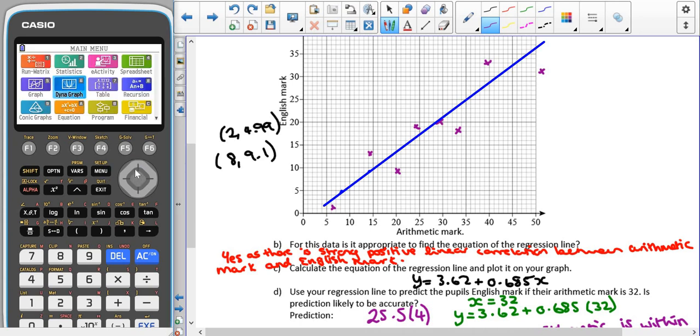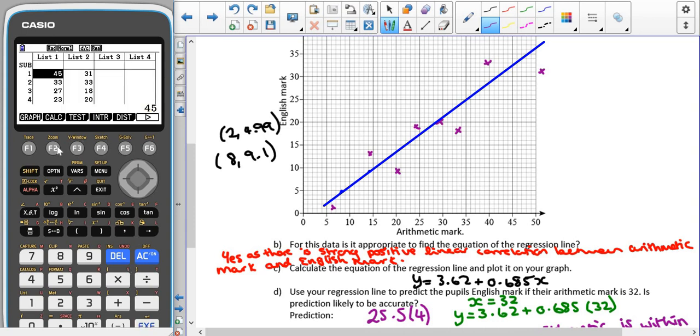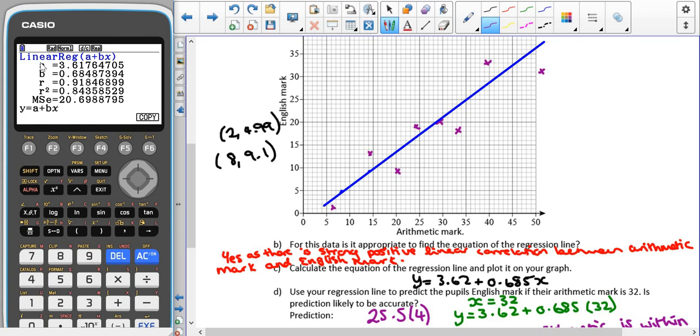Calculating the regression line, remember it's in the same place as you got your r value: calc, reg, x, a plus bx. And you write down y equals a, which is 3.62, plus b, 0.685, x. Then we need to use the regression line to estimate the English mark when we have an arithmetic mark of 32.